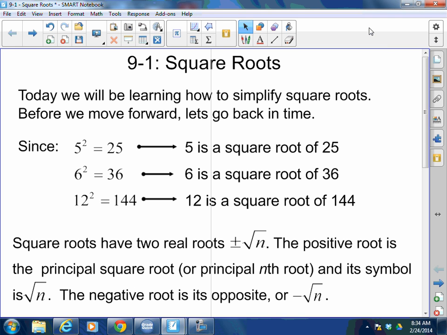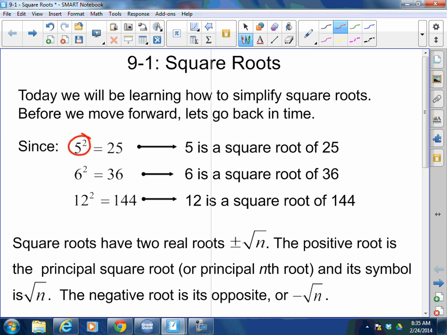Today, we're going to learn how to simplify square roots, but before we do that, let's go back in time a little bit. If you remember, 5 squared means 5 times 5. Remember that the exponent tells you how many times to multiply the base by itself. So 5 squared is 25. Square roots are exactly the opposite of raising a number to the second power.